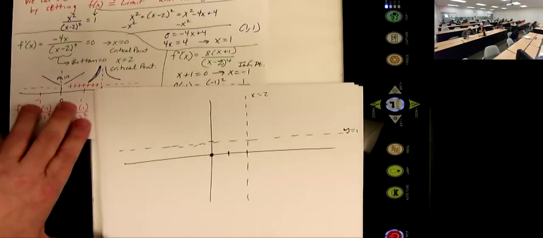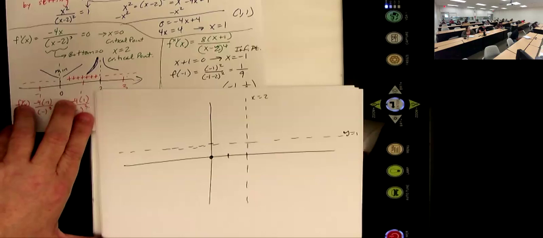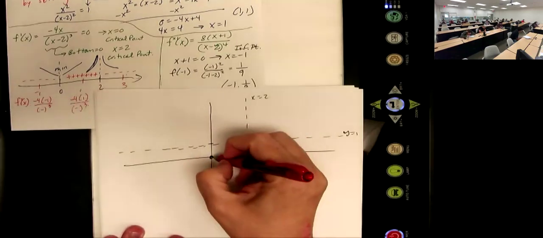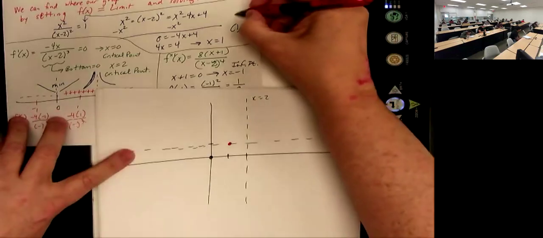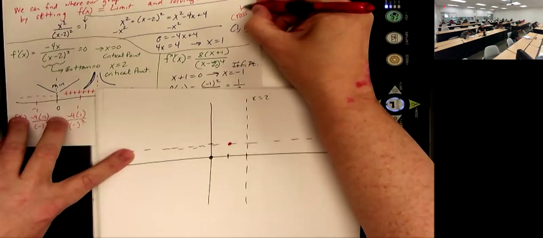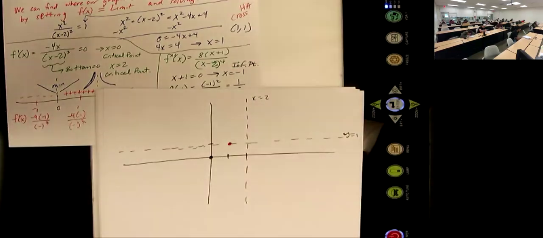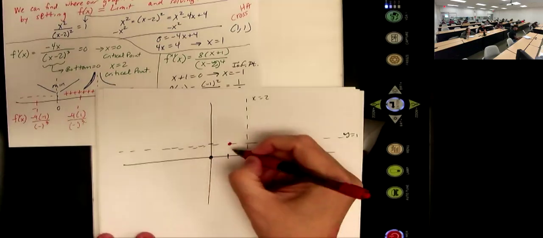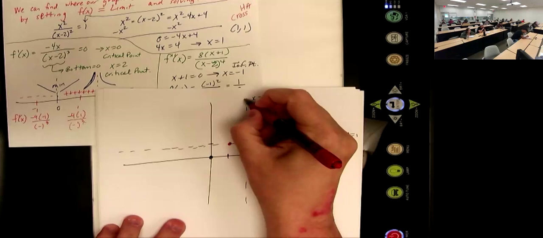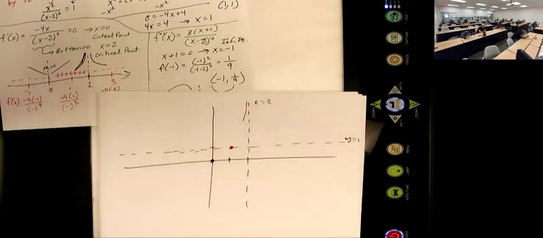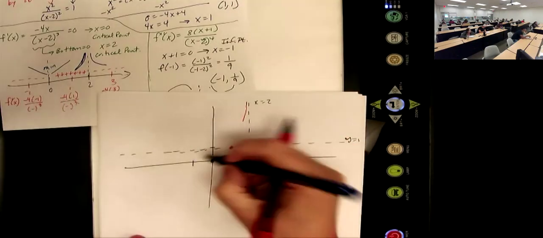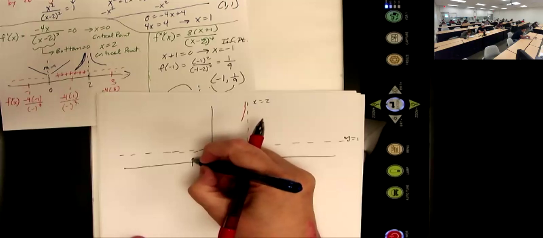We had critical points at 0 and 2. And we said it crossed at 1, 1. This is where we crossed our horizontal asymptote. We did that right here. This was a min. And this was going to infinity. And maybe I'll put in -1 because that's where our curvature changed, our inflection point.